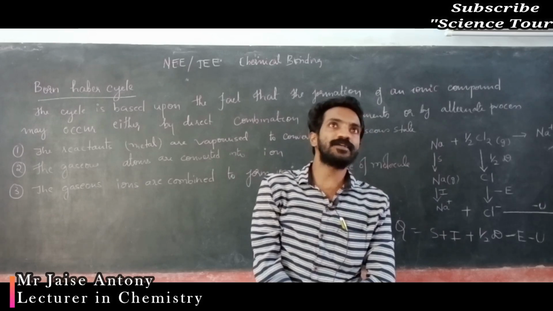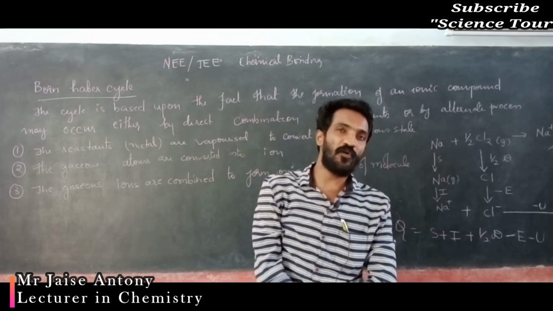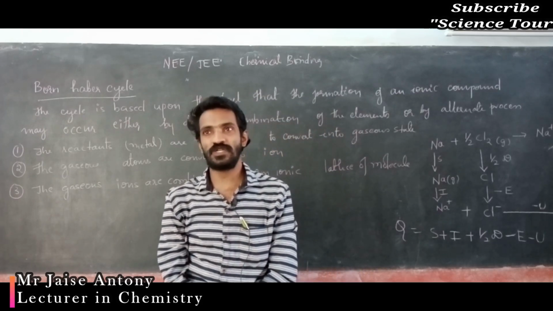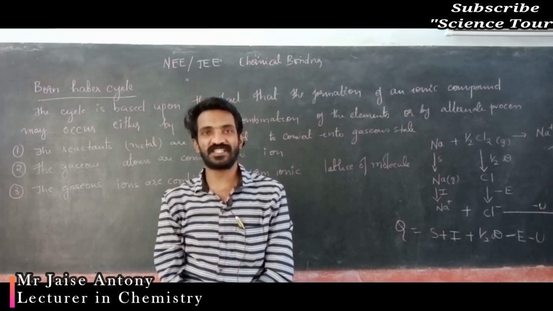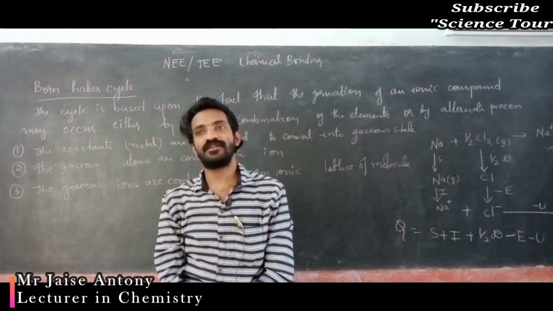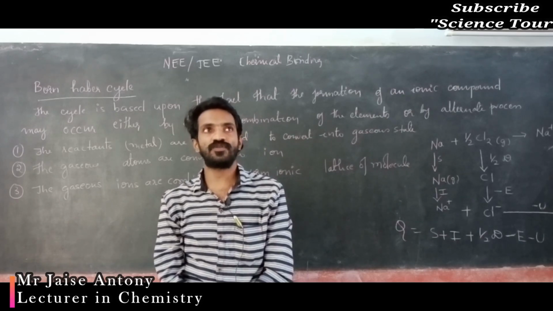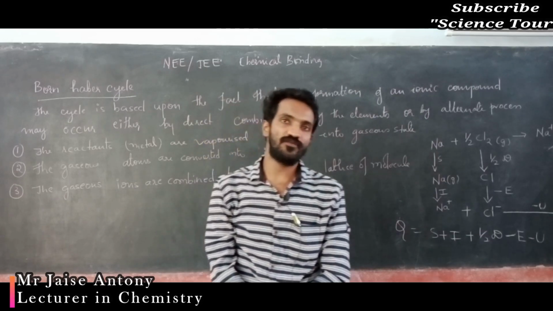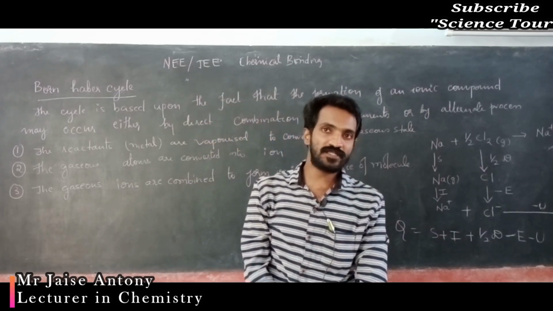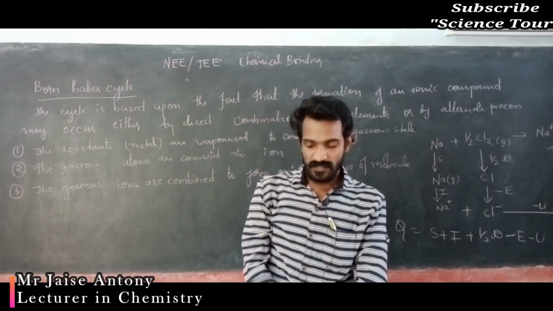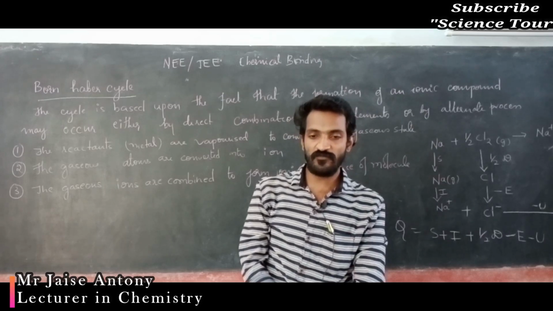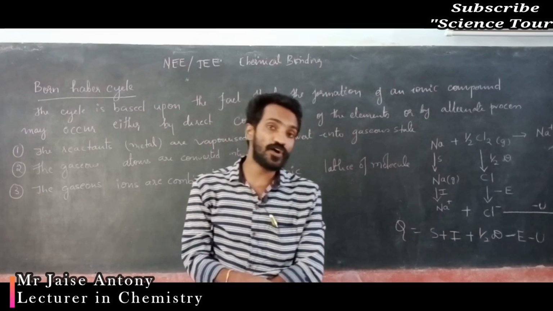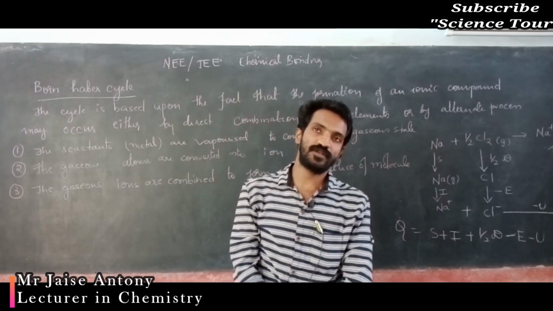All the explanation is given at the beginning about bonding, Lewis symbol, Lewis dot structure, and ionic bond and covalent bond, how they form. In an ionic bond, it is clearly mentioned: transfer of electrons from one atom to another atom forms a bond, which is called an ionic bond. That is all over, understood?